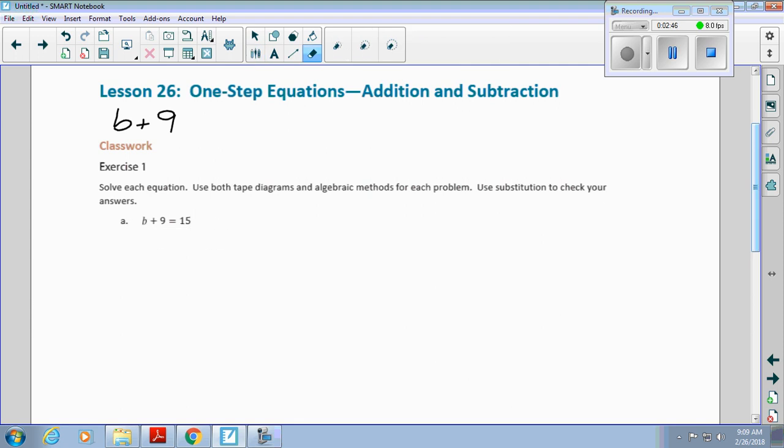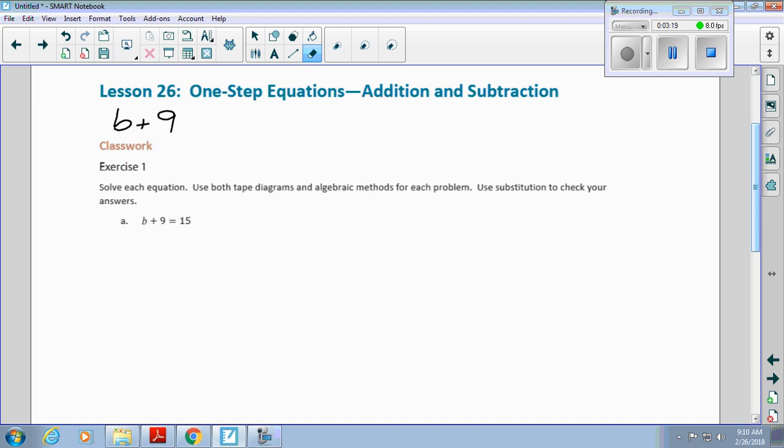In this first example, b could equal anything, right? We could have b equal any number. If we were told what b was equal to, then we could evaluate it for that particular value of b. When we're looking down here at exercise 1, b plus 9 equals 15, there's only one value of b. There's only one value when it's an equation. So, can anyone tell me what b must equal? Ethan?